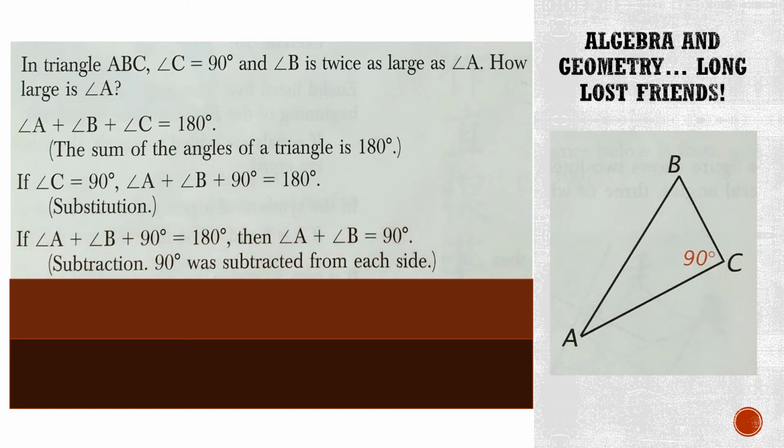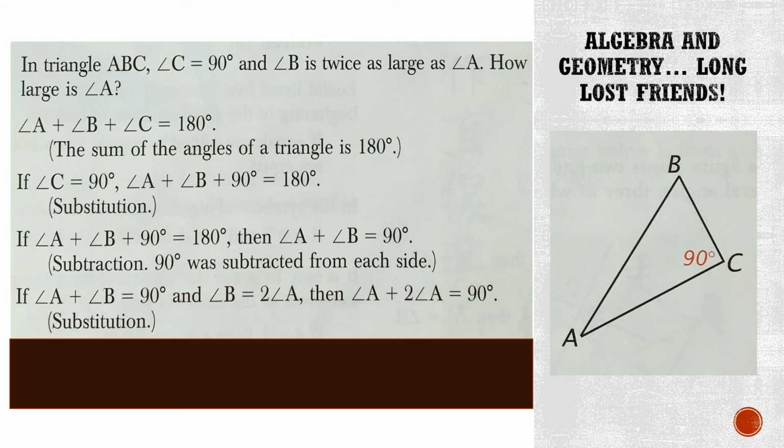Well, if you remember back to previous classes, you know that you can subtract your 90 degrees off of both sides of the equation, which is going to give us angle A plus angle B equals 90 degrees. Now, if angle A plus angle B equals 90 degrees, and we know that angle B is twice the size of angle A, then we can say that using substitution, angle A plus twice that of angle A equals 90 degrees.